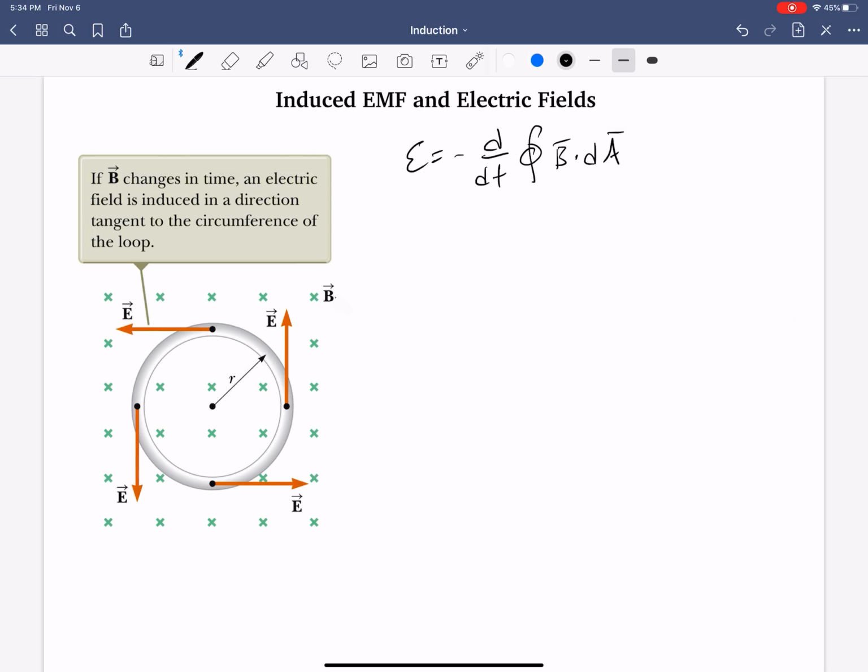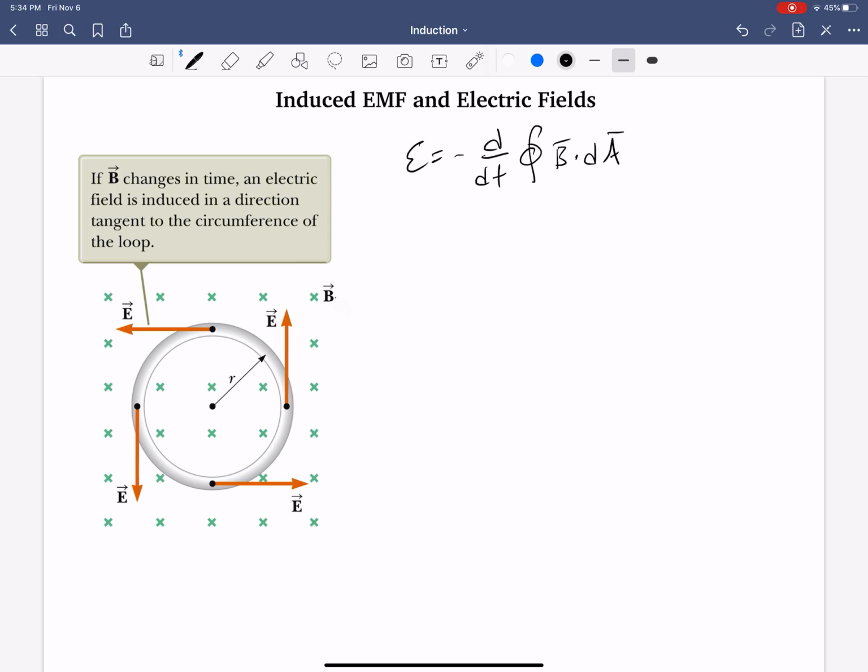Now, we have an electric field present, right? This is something new. I haven't mentioned this before yet. At every point in this loop or on this circle, on the charges, there is an electric field that arises because this EMF is doing work to move those charges around the loop.